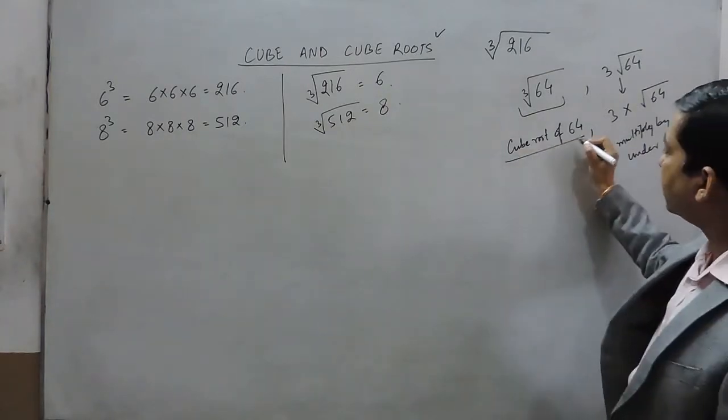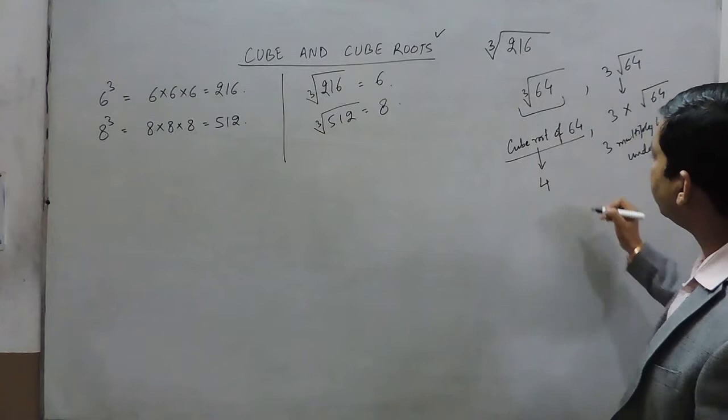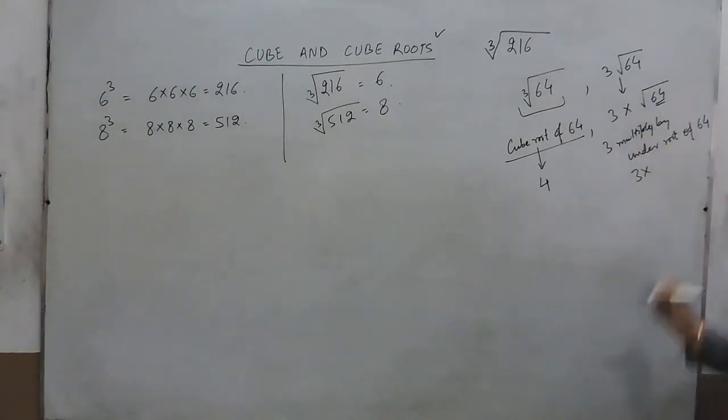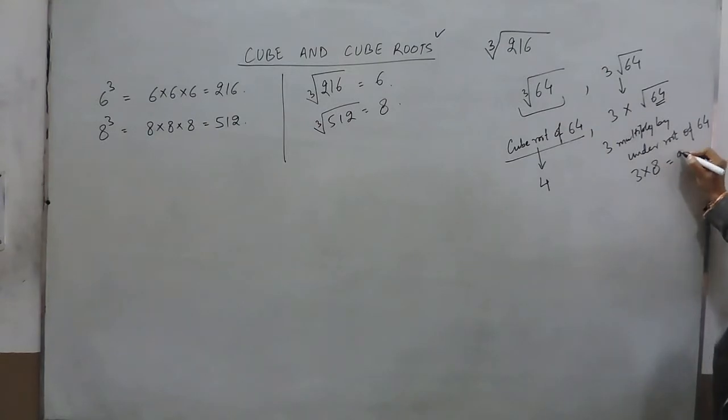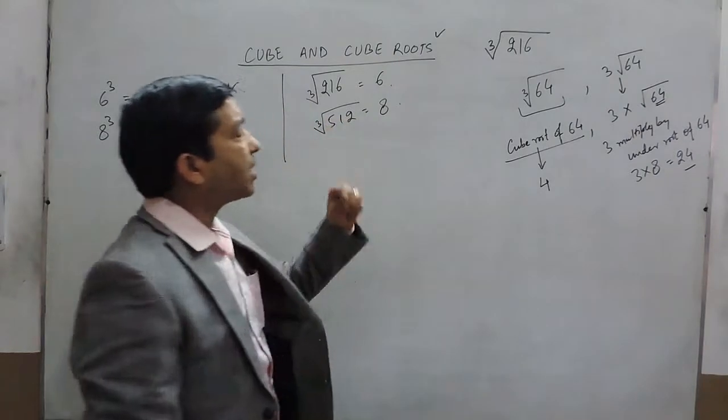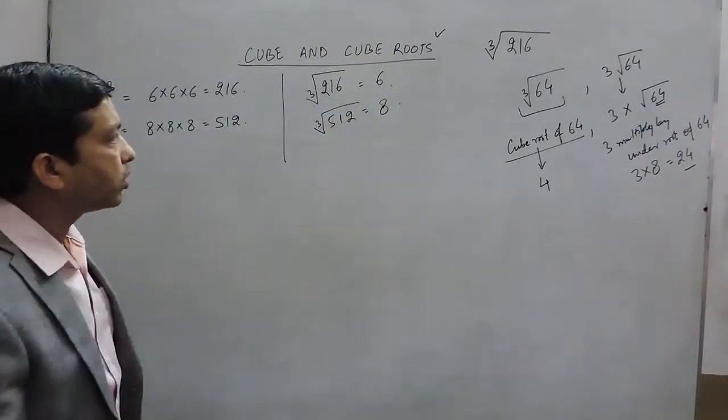If I solve this, the answer comes out to be 4. If I solve this, the answer is 3 multiplied by the square root of 64, that is 8, so here it is 24.